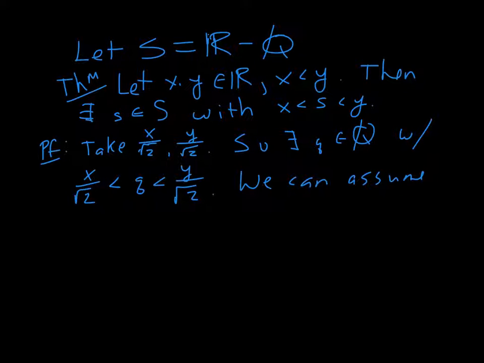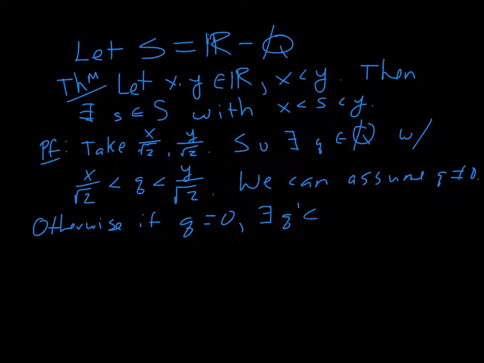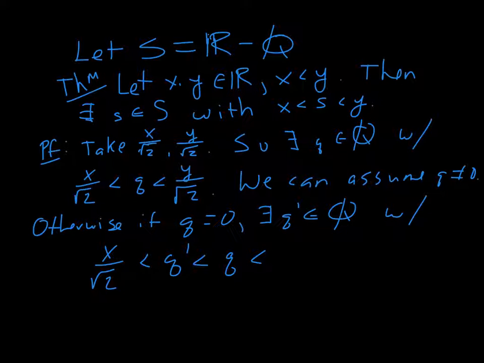Now, we can assume that q is not equal to 0. Otherwise, if q was equal to 0, there would exist a q prime, a rational number, with x over root 2 less than q prime less than q, strictly less than q, important to note, less than y over the square root of 2.